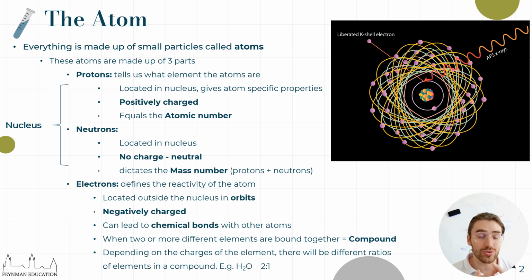When it comes to protons, the proton number is going to distinguish the atomic number of a certain element. Now, what do we mean by an element? An element is a pure substance. We have a periodic table, which we'll get to in later lessons, and that periodic table is a list of all the known elements to man.